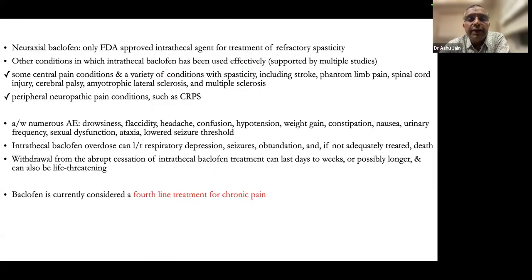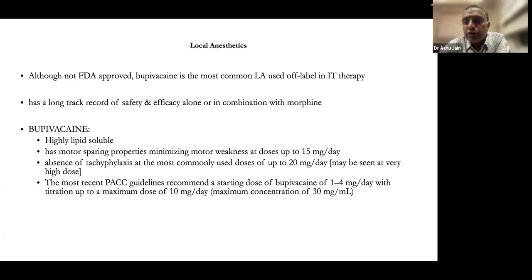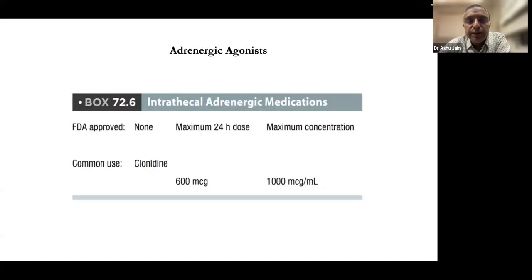Then baclofen, yes. Baclofen is a very good drug for spasticity, as I've shown you in the video of my patient. After 24 hours, the patient is absolutely comfortable. The only thing with baclofen is that you should be cautious that it should not suddenly stop flowing into the system, because it can cause serious complications like cardiac arrhythmias, muscle lysis, and so on.